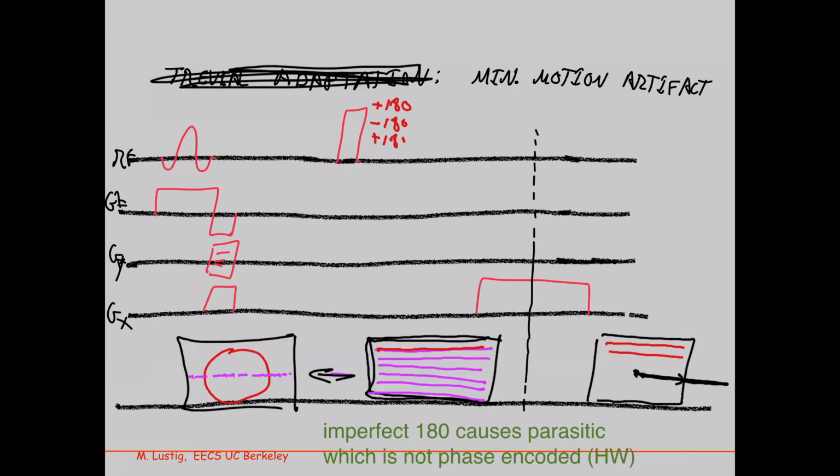But for the signal generated by this excitation, it's like exciting with a plus or exciting with a minus. So the phase of this black signal would be modulated by being positive and negative, positive and negative, and so on, every odd line. Now you have some constant signal that's modulated by plus minus 1.